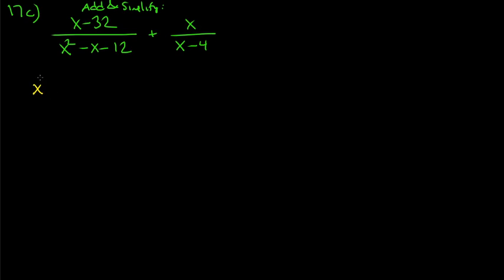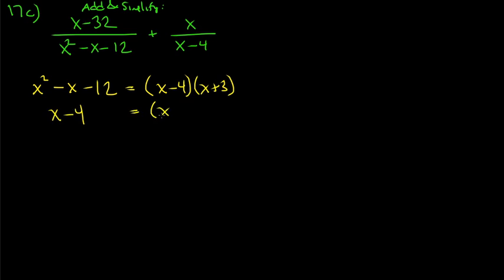So what are the two denominators? The first denominator is x squared minus x minus 12. And if you factor that, you just get x minus 4 times x plus 3. The second denominator is x minus 4, which is prime. There's nothing to factor there.